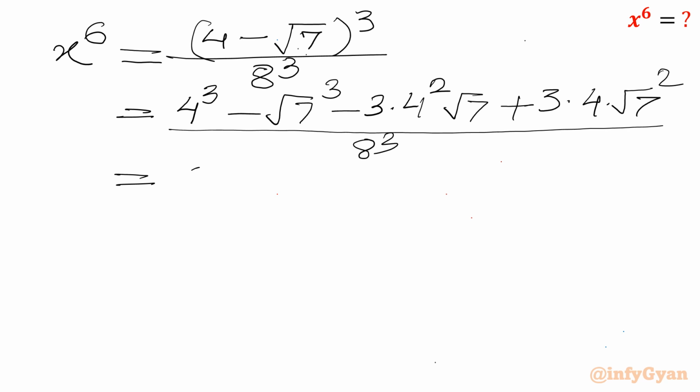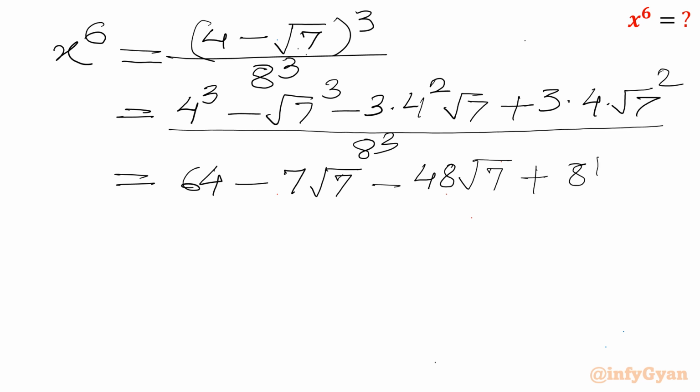Now 4 cube is 64. Root 7 cube is 7 root 7. Then I will write minus 16 times 3, 48 root 7 plus 12 times 7, 84 divided by 8 cube. Now it will be equal to 64 plus 84.